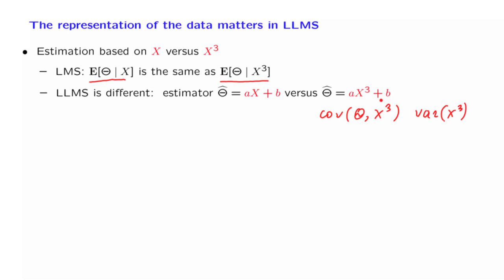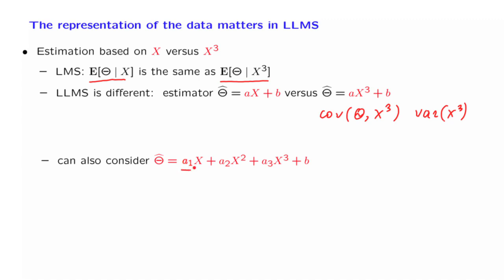Now we can push this story further. Instead of considering just estimators of this kind, we might consider as well estimators of this kind. Is this a linear estimator? We still call it a linear estimator because it is linear in the coefficients that we have to choose on how to optimize. That's the more important part.